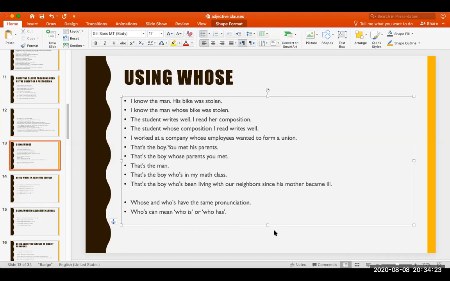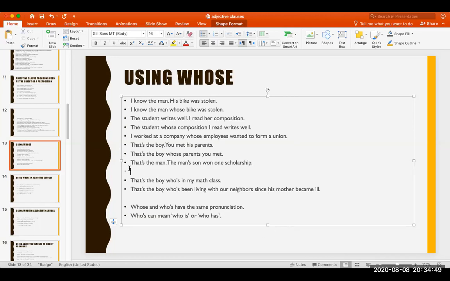You could say, that's the man. It doesn't have to be his or their. It could be a possessive noun, like the man's son won one scholarship. You say this, you pronounce it "one," like one. Same pronunciation. You don't say "won scholarship."